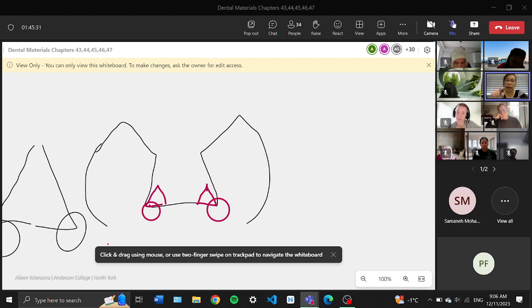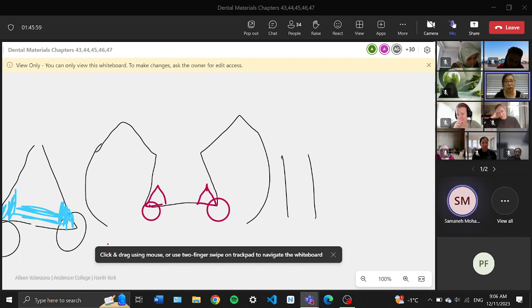Why? If I'm going to fill in, this is the filling material. If it is like this, it is not going to come off. Yes, it needs angles, compared to composite, which is straight.